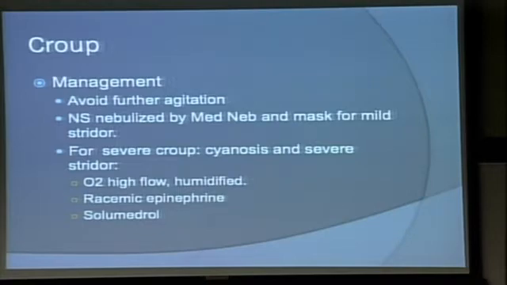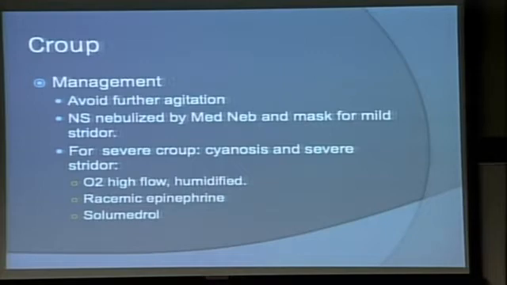Now for severe croup, severe retractions, cyanosis, very anxious kid, or impending respiratory failure: O2 high flow, humidified, but we're going to give them racemic epinephrine, and all severe kids with croup should get a steroid.